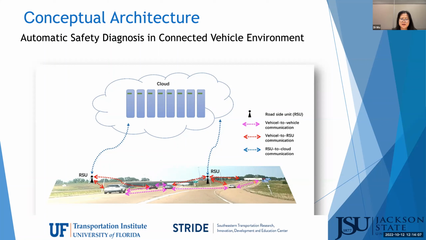The future of ITS will have a multi-layer architecture, which is composed of three levels. One is the vehicle ad hoc network, which is built up by the CV BSMs. Level 2 is the edge cloud. And then level 3 is the top cloud, the core cloud.